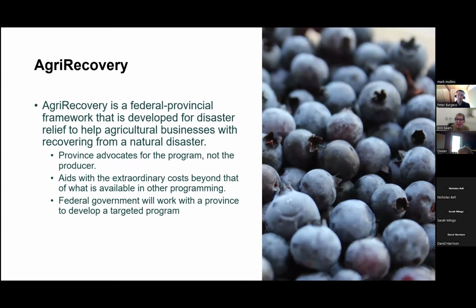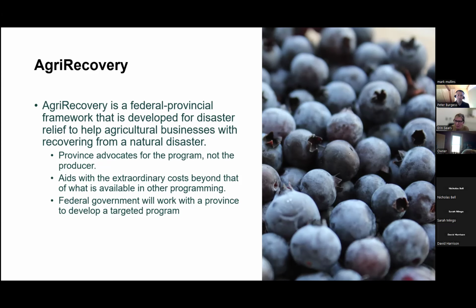Again, AgriRecovery, I just wanted to highlight it because it is part of the business risk management suite. It is a federal-provincial framework developed for disaster relief to help agriculture businesses recover from a natural disaster. In this framework, the province advocates for the program, not the producer, whereas AgriInvest and AgriStability are producer-led.